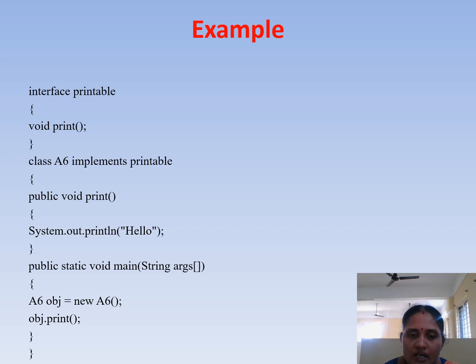Why we create the object: through the object only we can invoke all the methods and properties of the class. After that, using the object we invoke the method, that is obj.print. That line invokes the interface method.